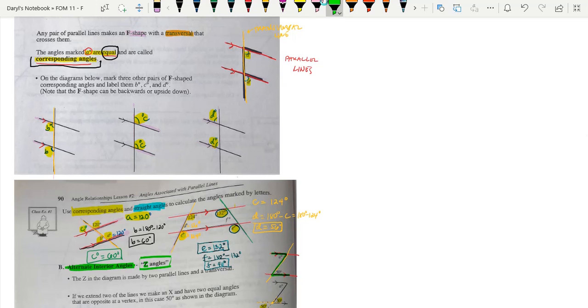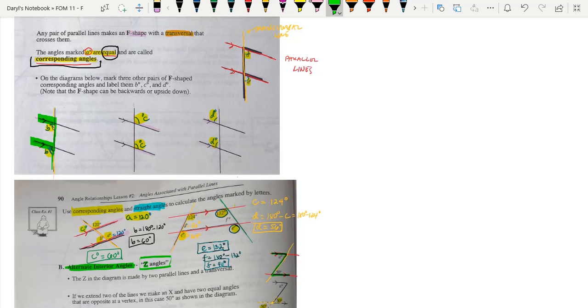If you can see the pattern here, this is letter F. So this particular angle that you see is equivalent to the other angle. Both have equal measurement.